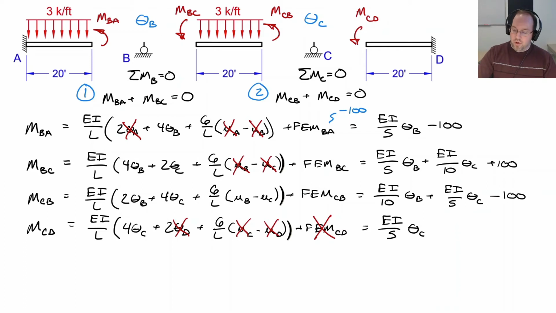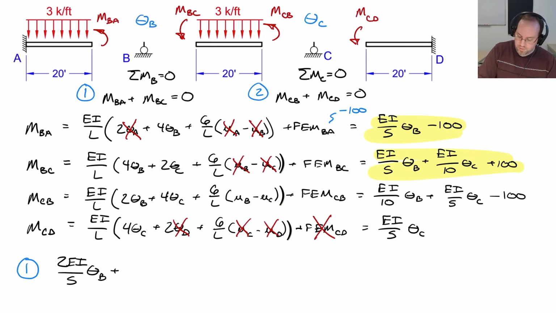So now let's plug all of these moments back into our equations for the sum of moments at B and the sum of moments at C. For my first equation, I need to take these two moments and add them together, and the sum of that is going to be equal to 0. So if we combine those, that's 2EI over 5 times the rotation at B plus EI over 10 times the rotation at C, and that's all equal to 0.